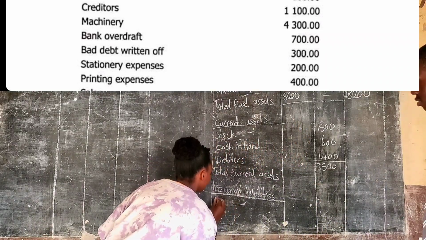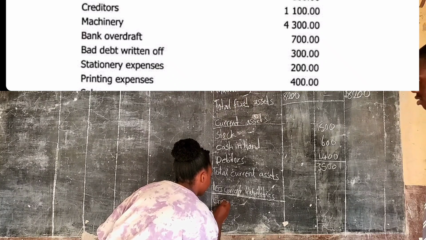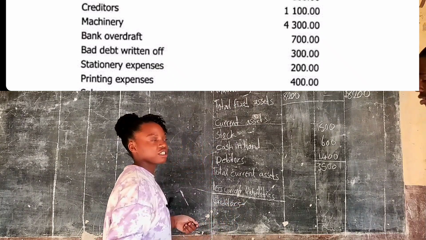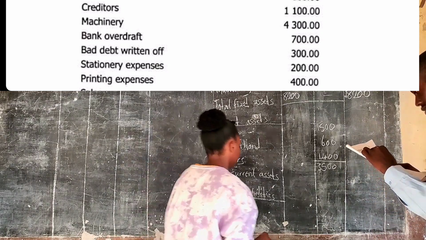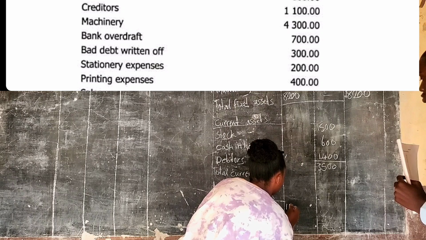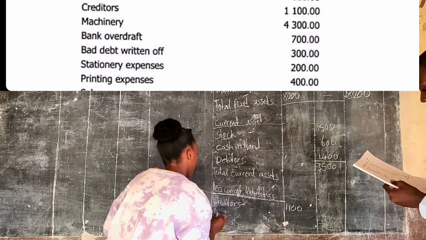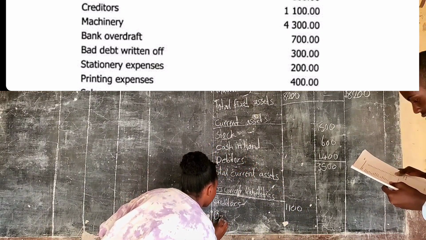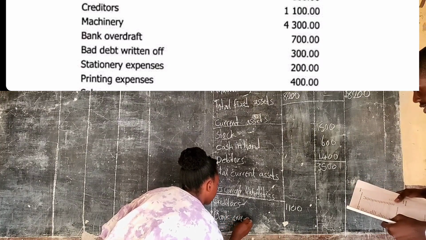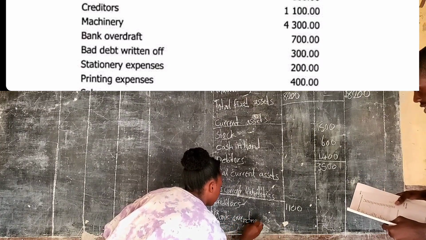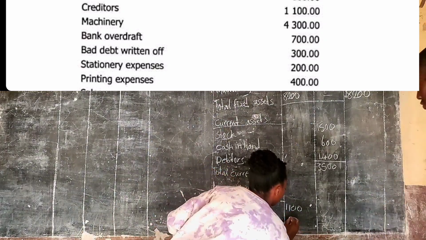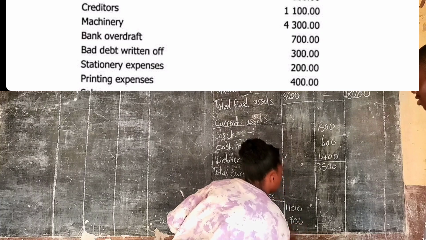We only have two. How much are the creditors? 1,100. Bank overdraft. How much? 700.